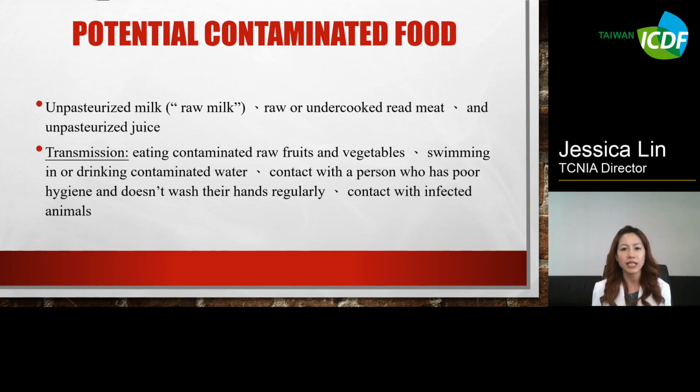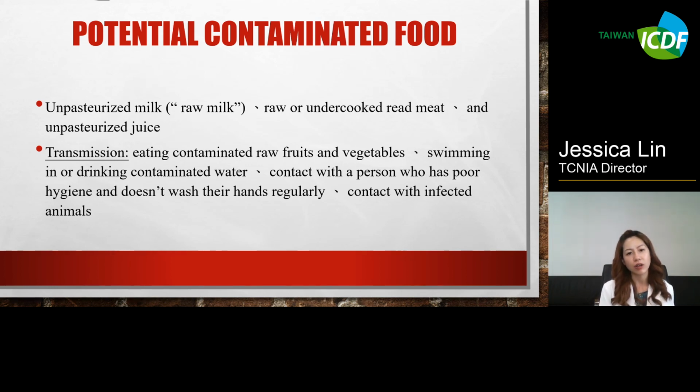If you eat raw or undercooked red meat, sorry, there's a typo there. It should be red meat, R-E-D, like your beef, pork, lamb, and also unpasteurized apple juice and pear juice are potential contaminated food.